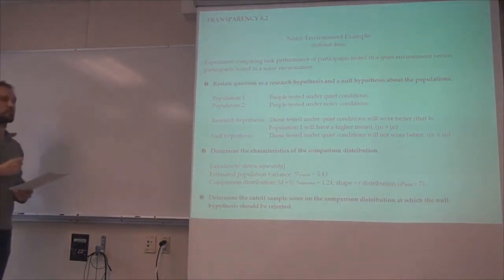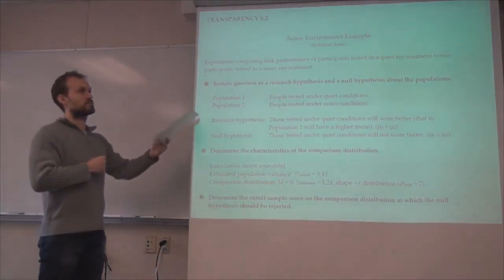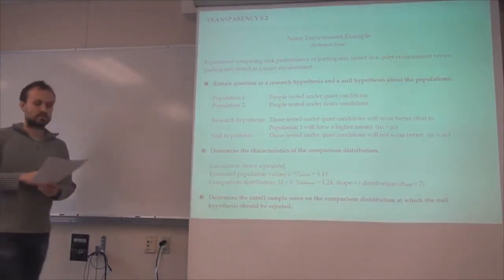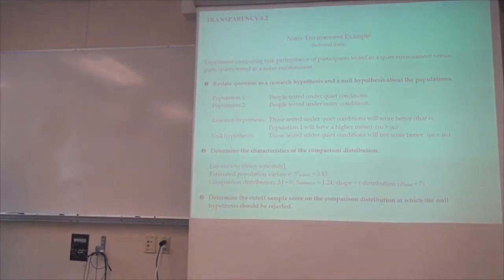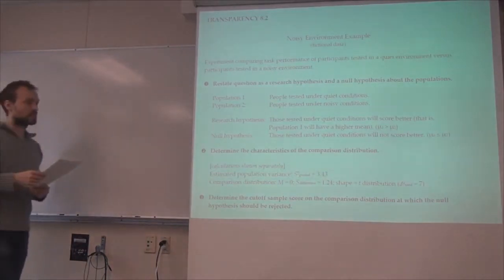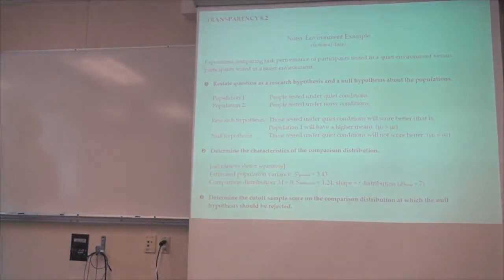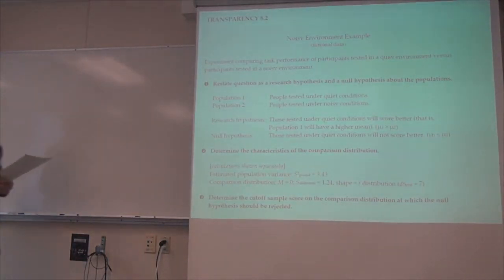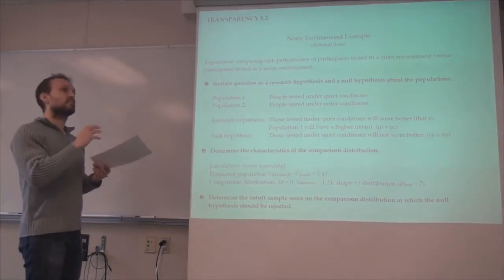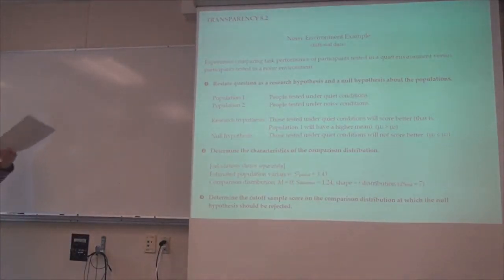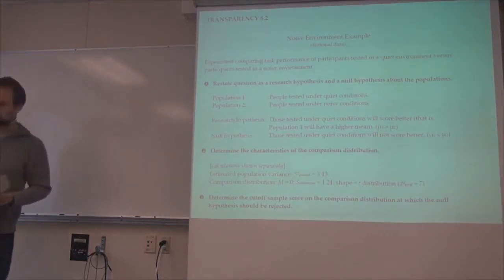On average, they perform better or worse in the different situations, potentially. That's what we're trying to investigate. But I'll assume that the variance is the same from each of the populations. So I can estimate the variance from each sample and then combine those two estimations to give me a population variance estimation.